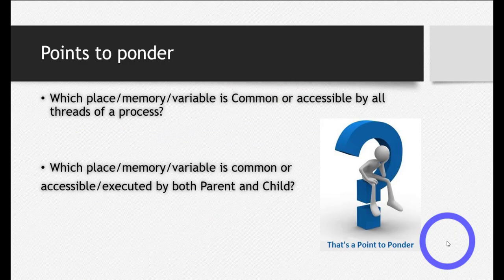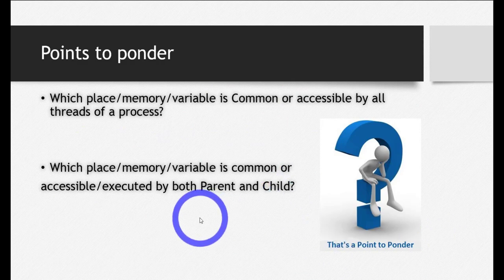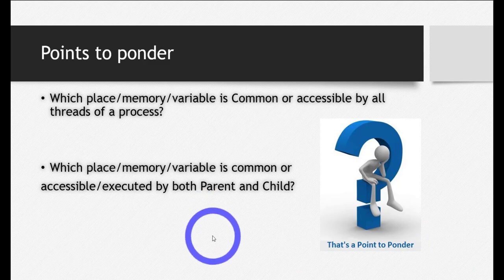Since we know that semaphore is a synchronization variable that is used to synchronize two or more processes or threads to avoid the use of the critical section at the same time. And what is critical section? Critical section is the common resource which is accessible or shared between two or more processes or two or more threads.